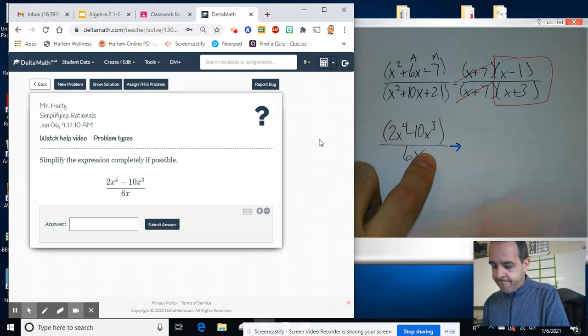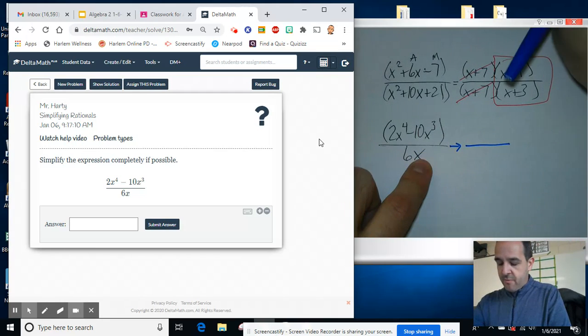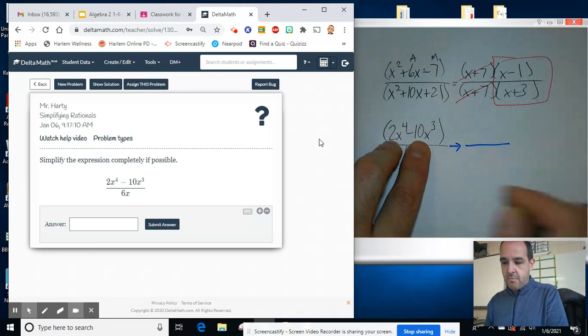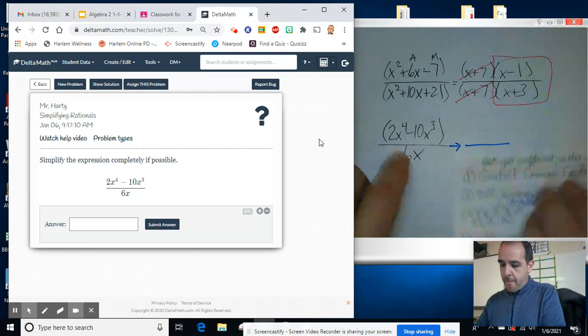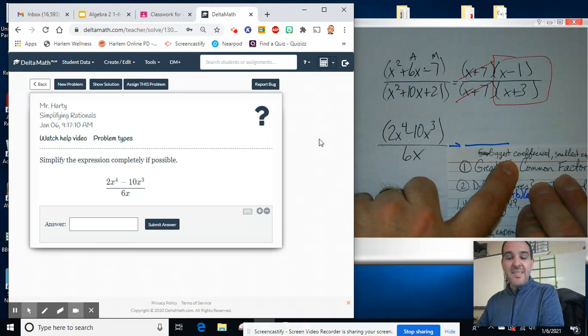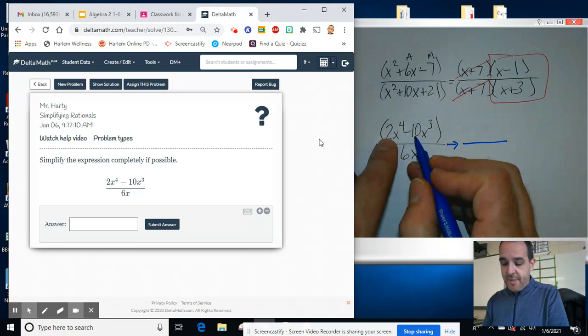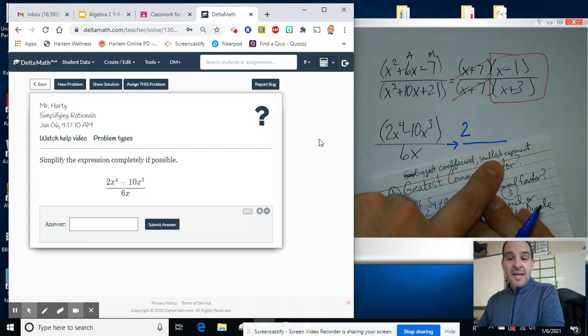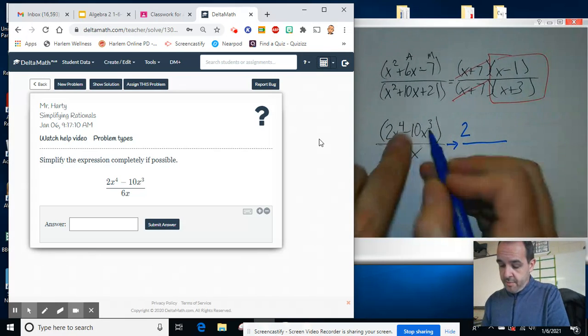Okay. When we're trying to figure out factors, greatest common factor, do they have anything in common? Yeah, okay. Biggest coefficient, biggest number that they have in common that can divide into both. 2, okay. Smallest exponent, x to the third.